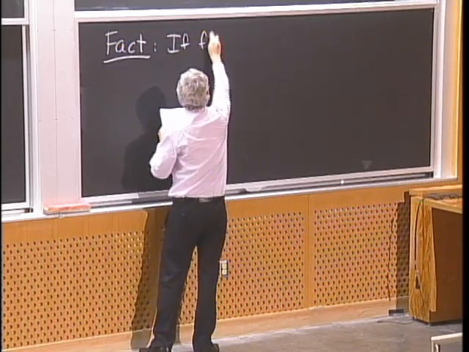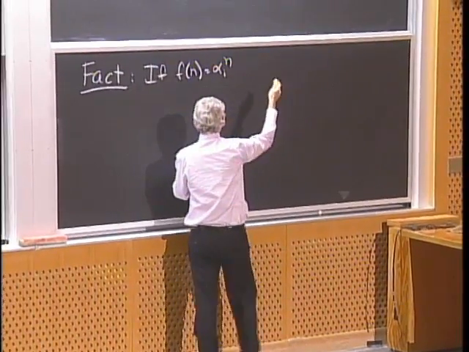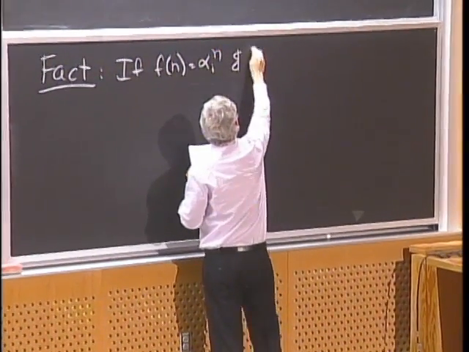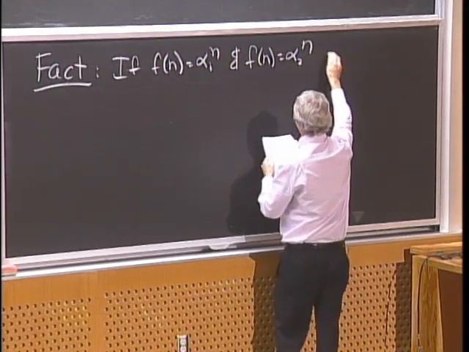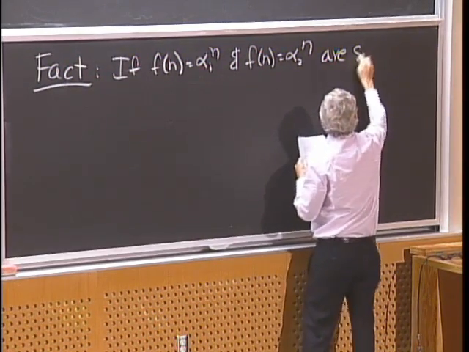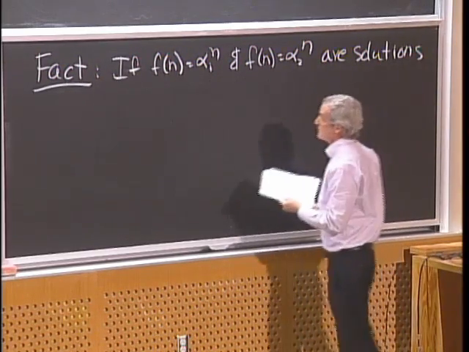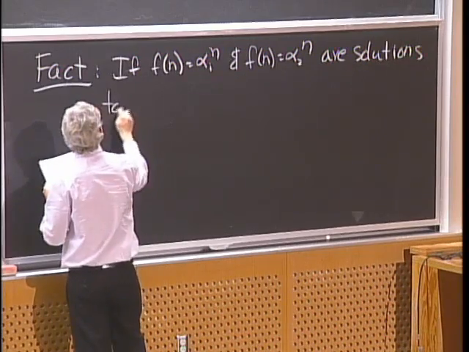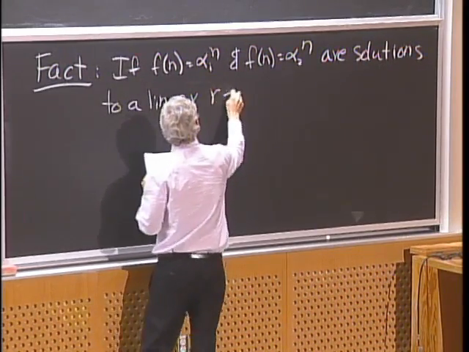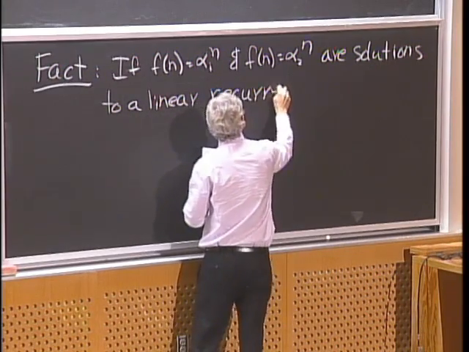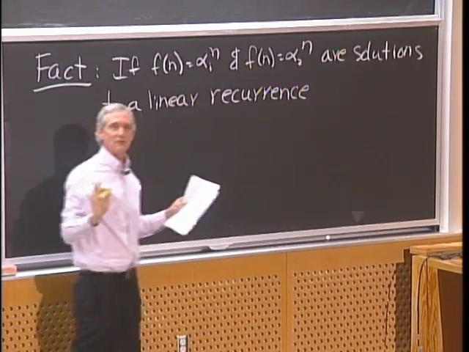So if f of n equals alpha 1 to the n, and this is true for any alpha 1 and alpha 2, and f of n equals alpha 2 to the n are solutions to a linear recurrence, and here I mean without yet applying the boundary conditions.